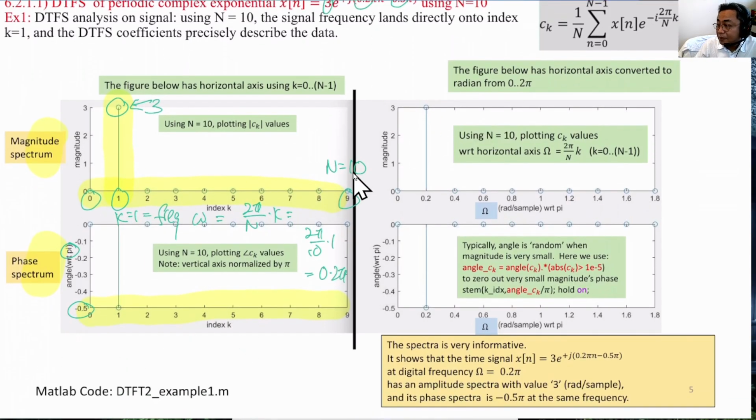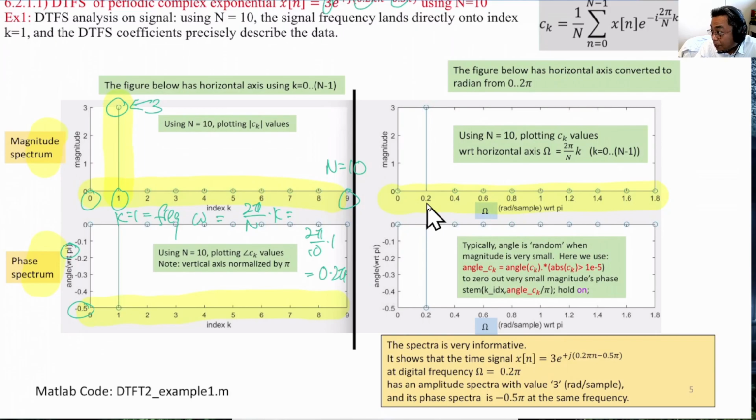All right, so this is the C case. Now, sometimes, I'm telling you that 0 to 9 is with respect to 2 pi over N times k. So once in a while, I would actually plot the value directly. So k equals 0 means 0 radian. 1 means 2 pi over N times 1, 0.2 pi radian.